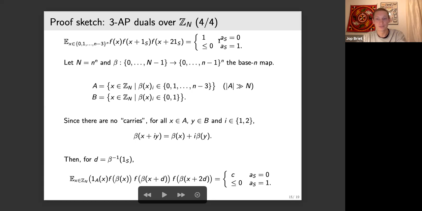The point here is that for every choice of Boolean vector A, there was a function f that gave you a dual function with these kinds of values. And this is what I mean when I say that the set of 3-AP dual functions contains approximately a high dimensional hypercube. So this is the outline of the construction in the integer case.